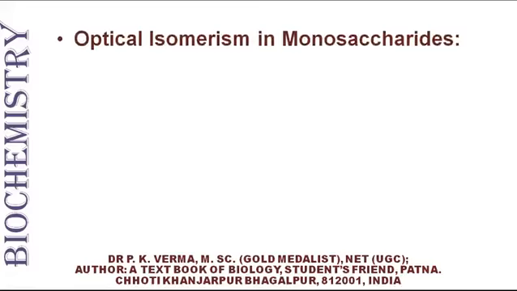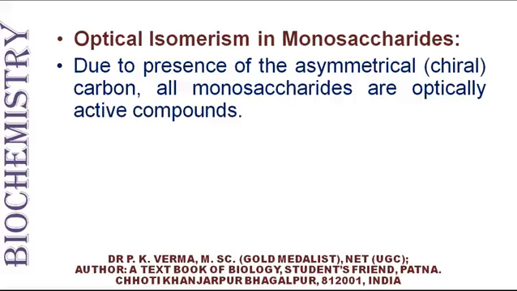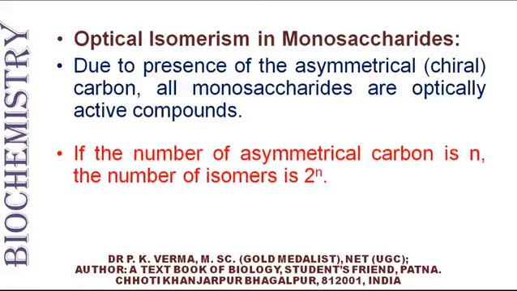Now, monosaccharides show optical isomerism. In the classes of chemistry, you might have studied stereoisomerism and optical isomerism. If a compound contains at least one asymmetric carbon or chiral carbon, it has optical activity.